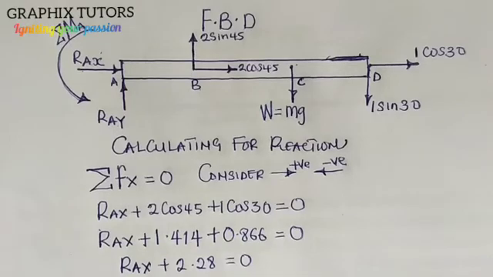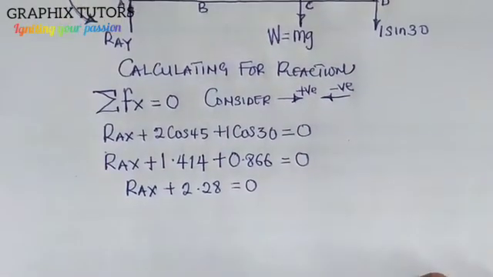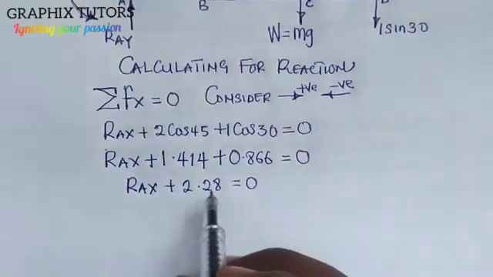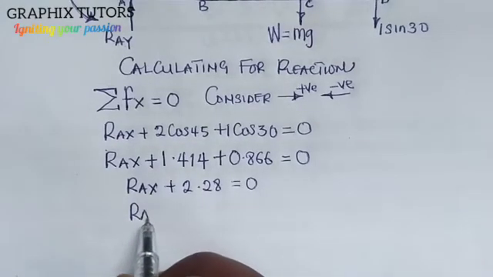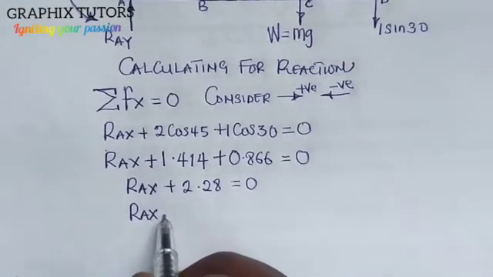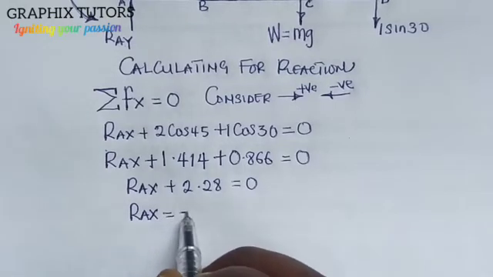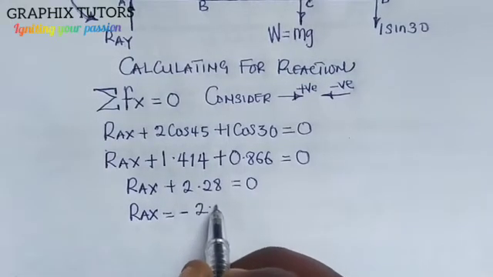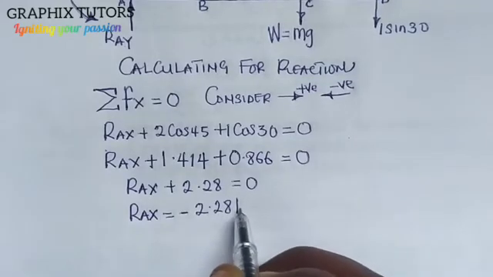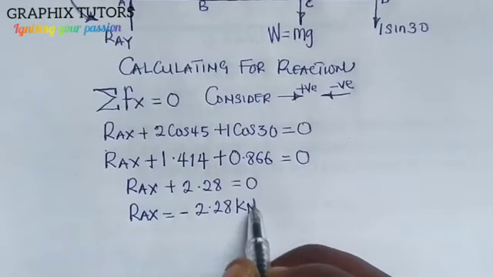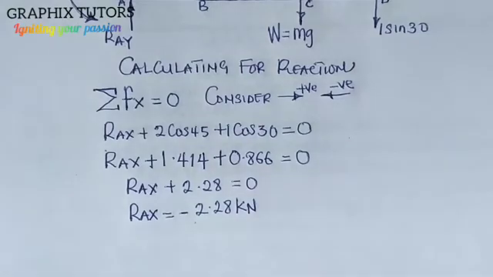Now we move forward. If this comes to the other side, the ROAX will be equals to minus 2.28 kilonewton. This is for my ROAX.